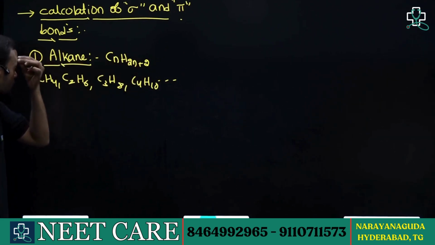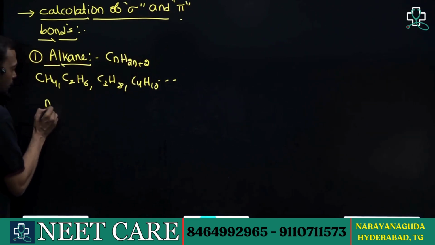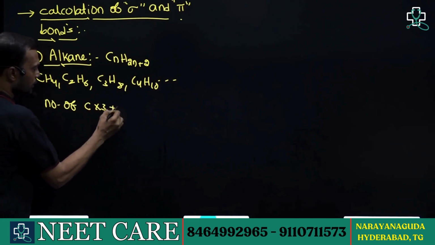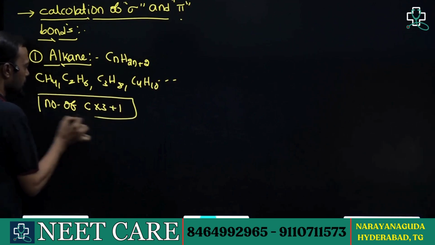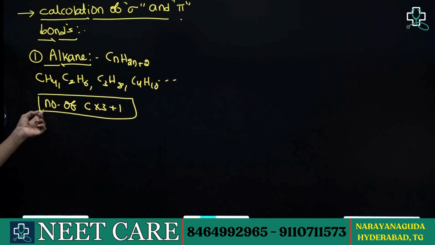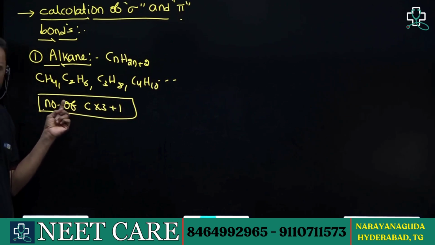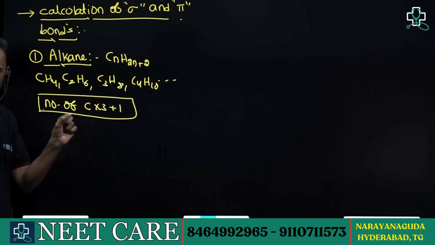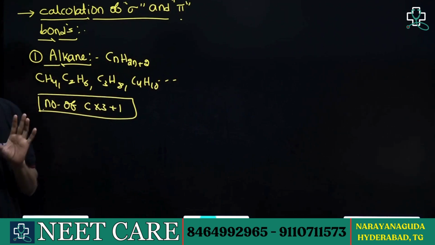Suppose I take any alkane, remember: number of carbons multiplied by 3, plus 1. This is the formula to calculate the number of sigma bonds. Number of carbons in a given hydrocarbon multiplied by 3, then add 1, and you will get the total number of sigma bonds in an alkane. How can you identify whether it is an alkane or not?